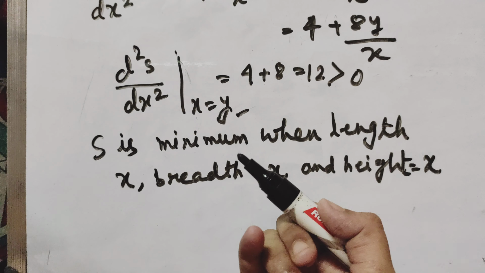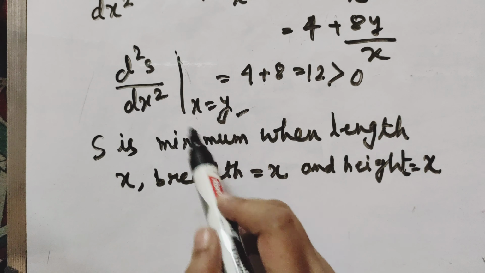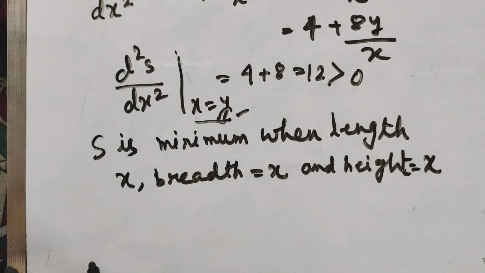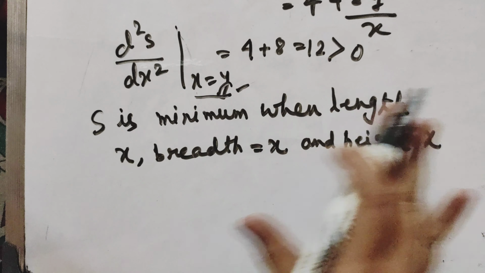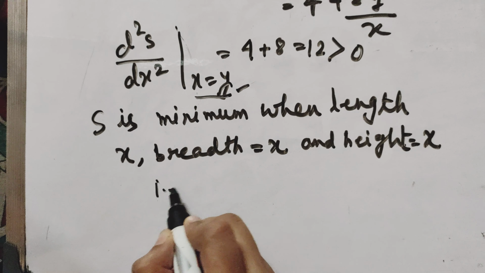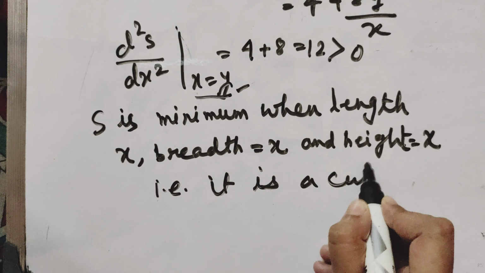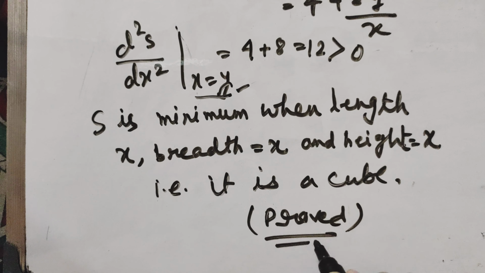In the solution we already showed that x equals y. So S is minimum when length, breadth and height are all the same, that is, it is a cube. Proved.